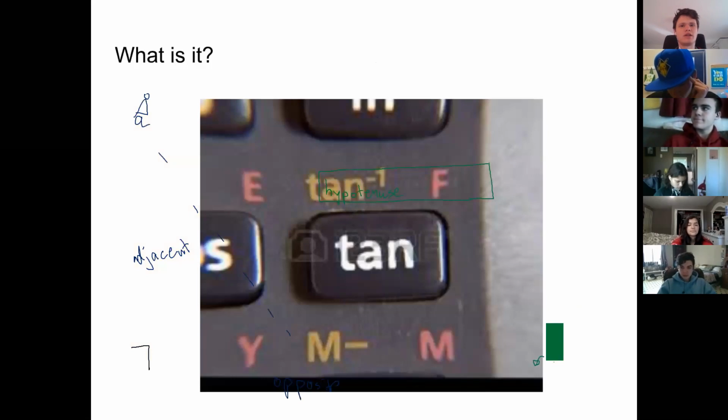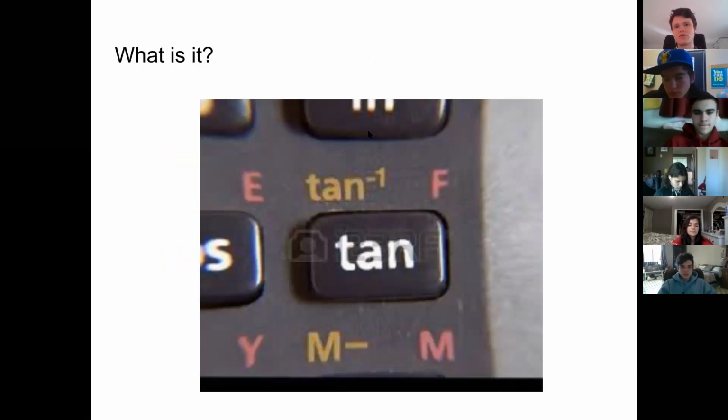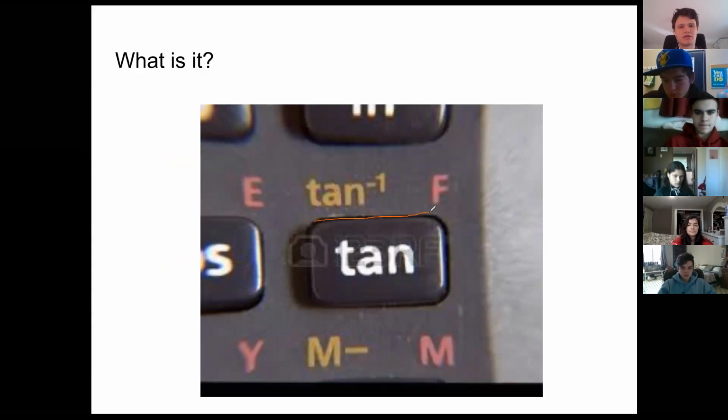Okay, great. Do you guys have a scientific calculator with this button on it? Have you ever wondered what this button does? Or maybe you've tried pressing it and you don't know what it does.